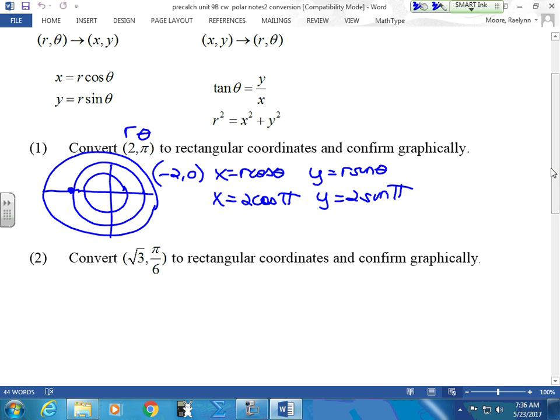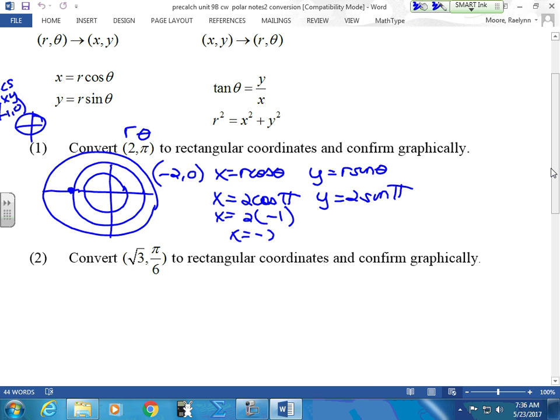Okay, so we have to remember just a little bit about this. So I know on my pi, this is -1, 0, xy, cosine, sine. So what is the cosine of pi? And you can even put this in your calculator, cosine of 180. What's the cosine of 180? -1. So I'm going to replace this with a -1.